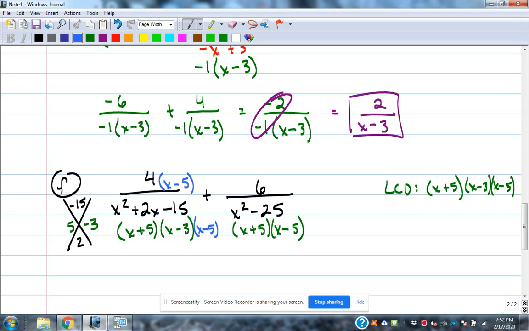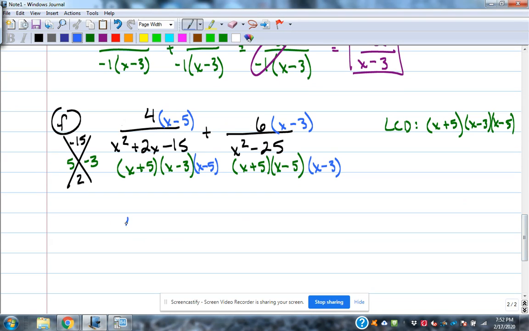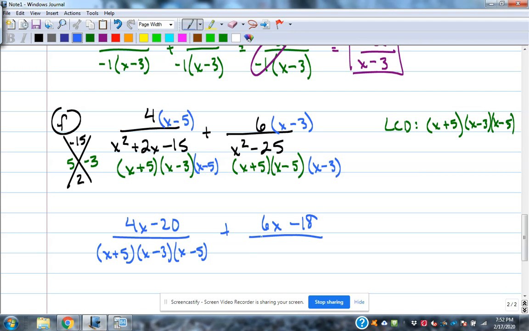So I'm going to multiply it by x minus 3. So the top is going to be 4x minus 20 over x plus 5, x minus 3, x minus 5, plus 6x minus 18 over x plus 5, x minus 3, x minus 5.